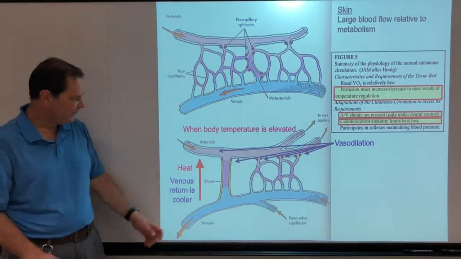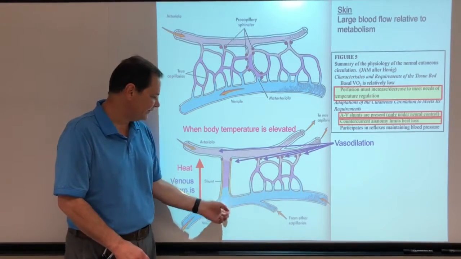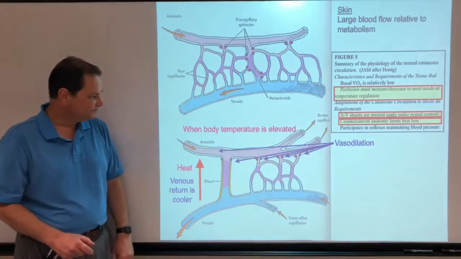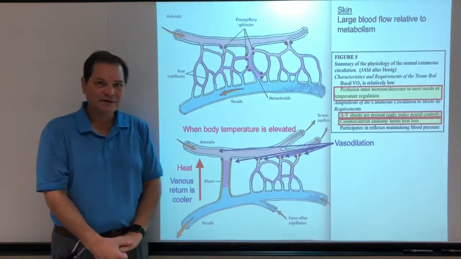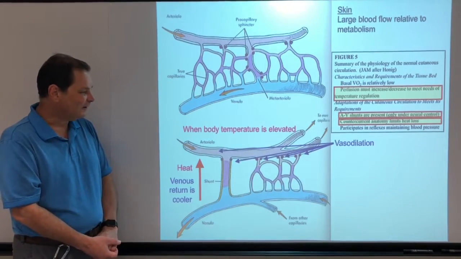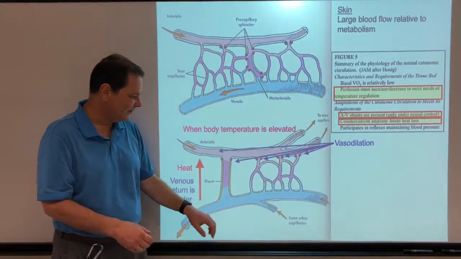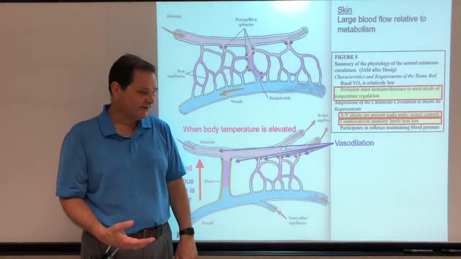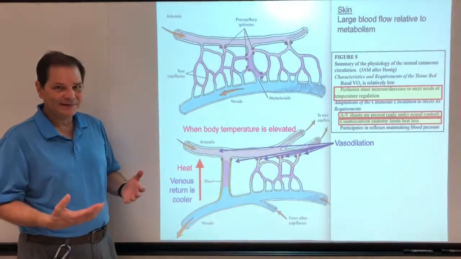Okay. Notice these AV shunts, these AV anastomoses, okay? Shunt is a really terrible term for this because it gives you the impression that its function is to shunt blood from the arterial to the venule in order to conserve something, okay? And in fact, that's not its function.